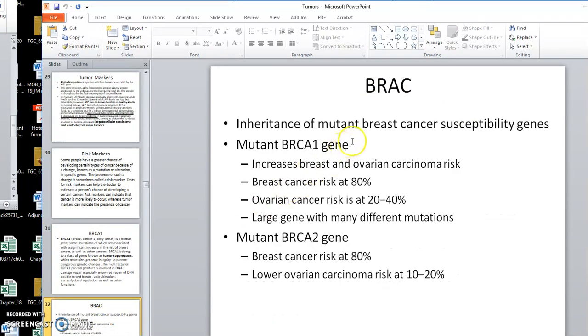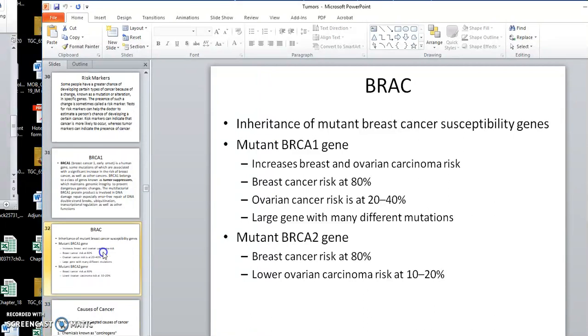They are actually BRCA1 and 2 genes. If they find that gene, you have an increased chance of breast and ovarian cancer. Both of these have a slightly increased risk. So this is what we call the BRCA. So we talked about tumor markers and risk markers, measuring for risk markers.